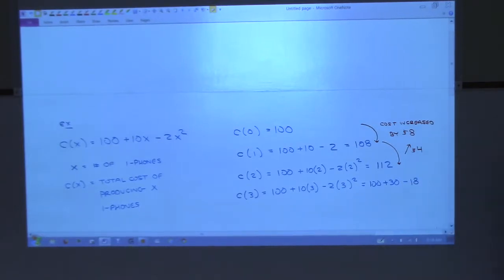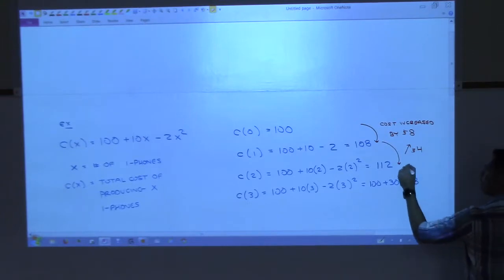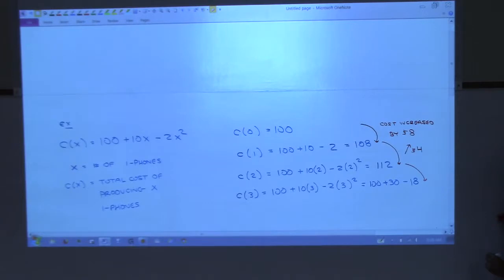So where are we at now? 112 again. Y'all see that? So did we have an increase in cost? No. There was a $0 increase.